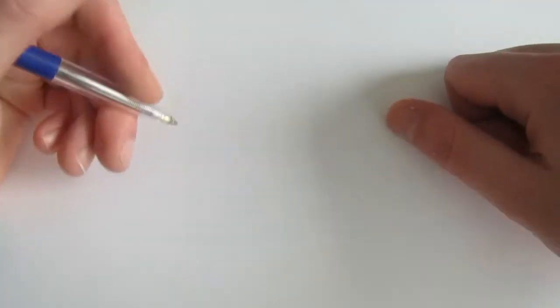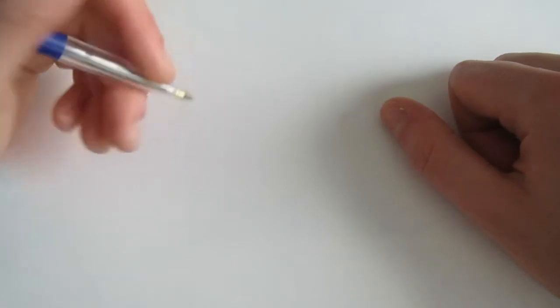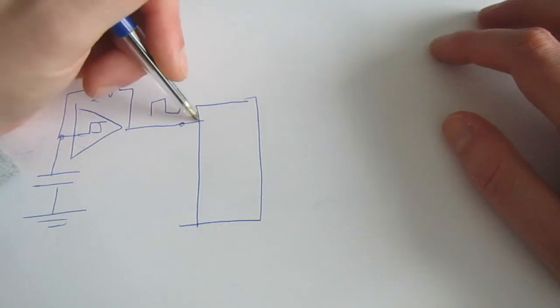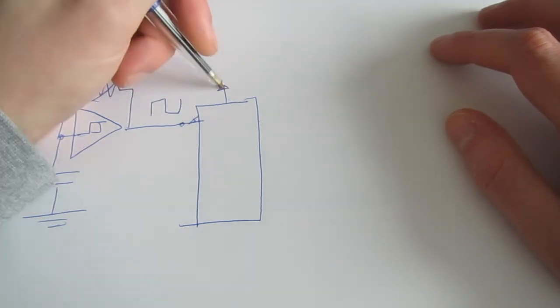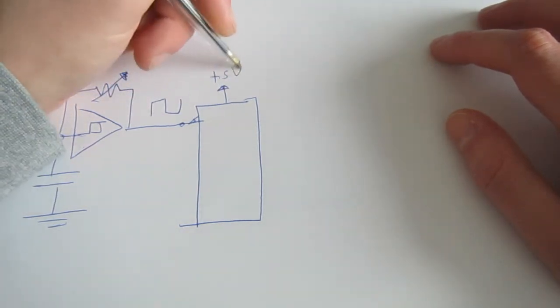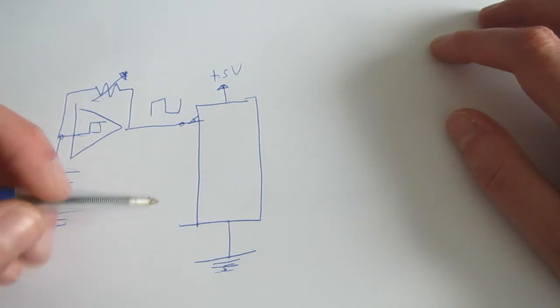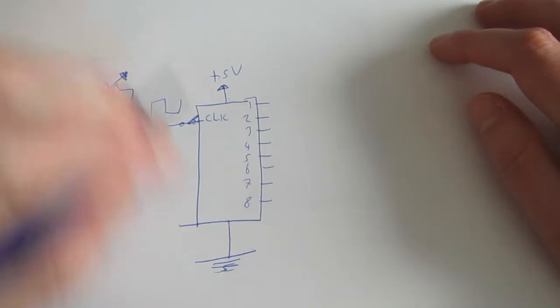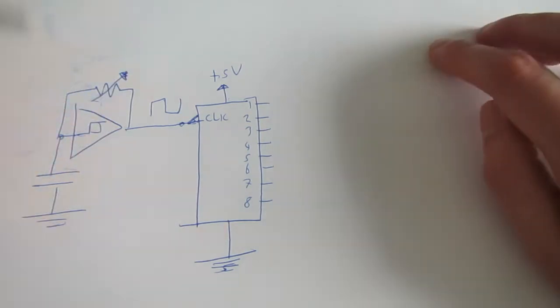Now, to illustrate the final idea and the difference between digital and analog, I'm just gonna quickly draw. Not very good at drawing through the camera like this, but oh well. So again, everything is powered from a 5 volt single rail supply. Now here's our circuit.